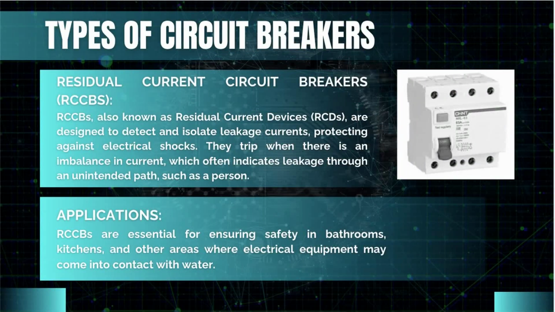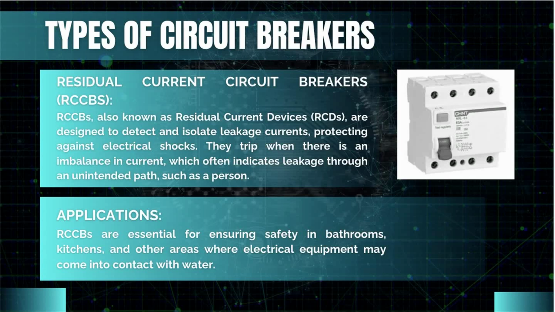RCCBs, also known as residual current devices or RCDs, are designed to detect and isolate leakage currents, protecting against electrical shocks. They trip when there is an imbalance in current, which often indicates leakage through an unintended path, such as a person.